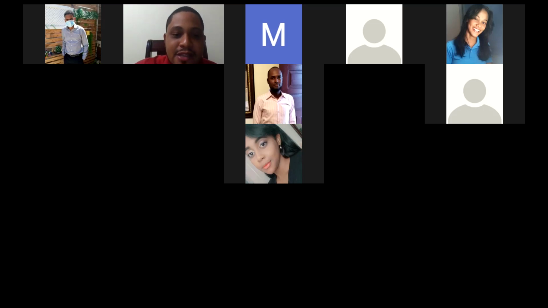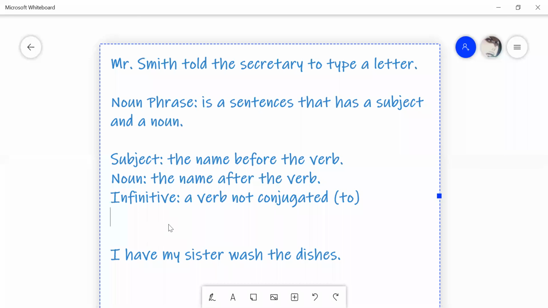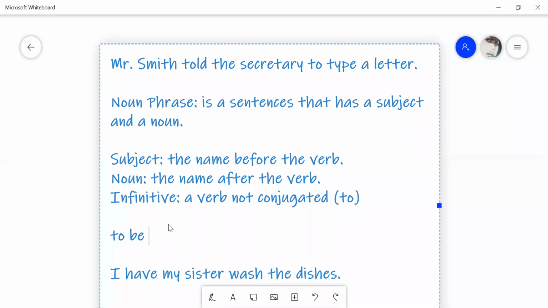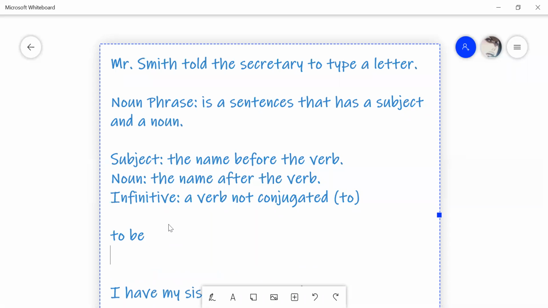You know what this means? To be has the preposition to and the base form, which is be. To have has the preposition to and the base form, which is have.